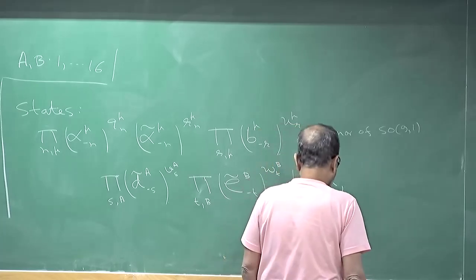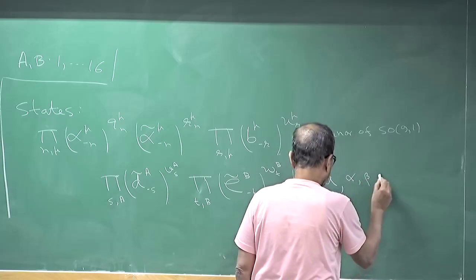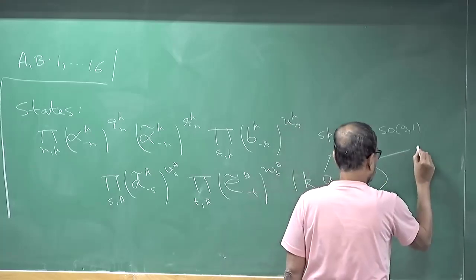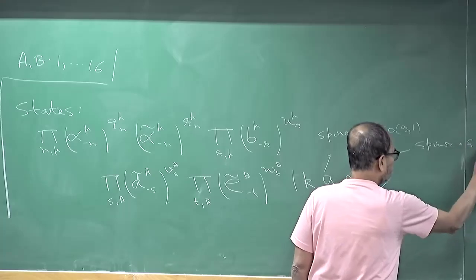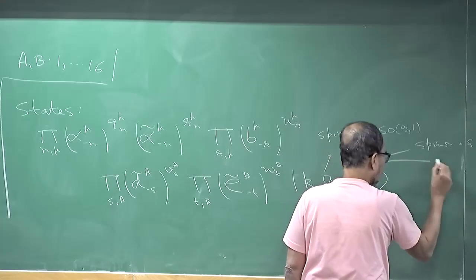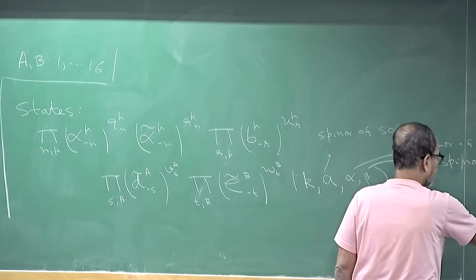I have to find some names for those. For now let's just call them alpha and beta. This is the spinor of the first SO16, and this one is the spinor of the second SO16.